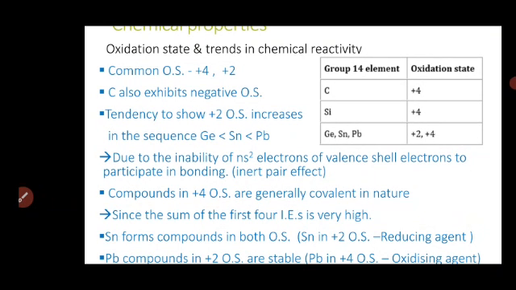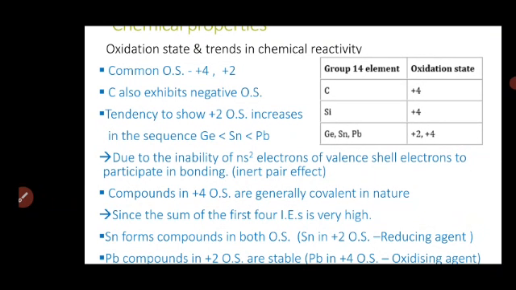See, due to the presence of a number of inner core electrons, sometimes the ns2 electrons do not take part in bonding, and this we call the inert pair effect. Whenever they have to take part in bonding, obviously they have to unpair themselves.